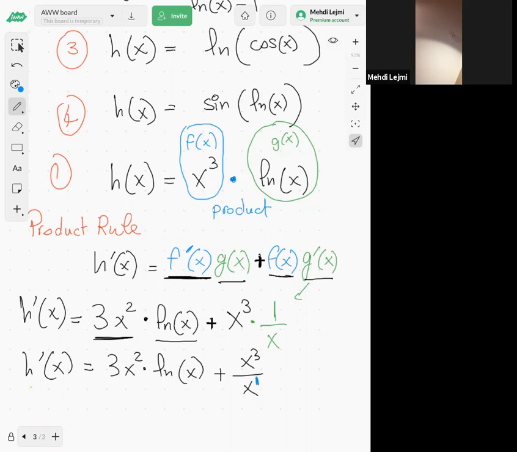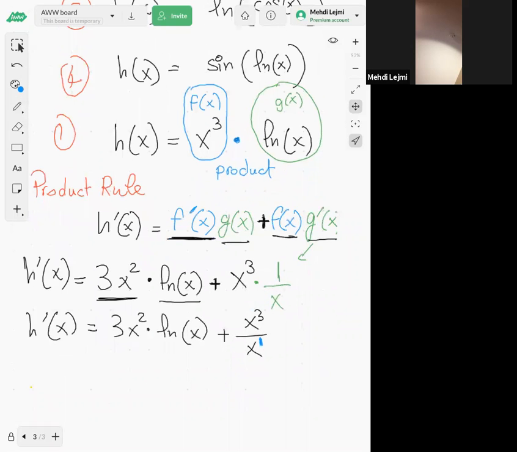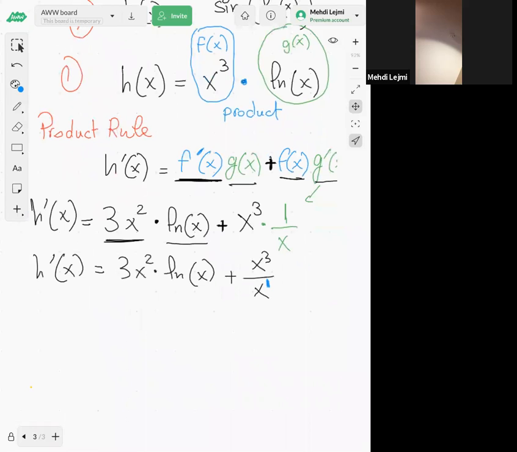So that's x squared. So h prime of x is 3x squared natural log of x plus x squared.